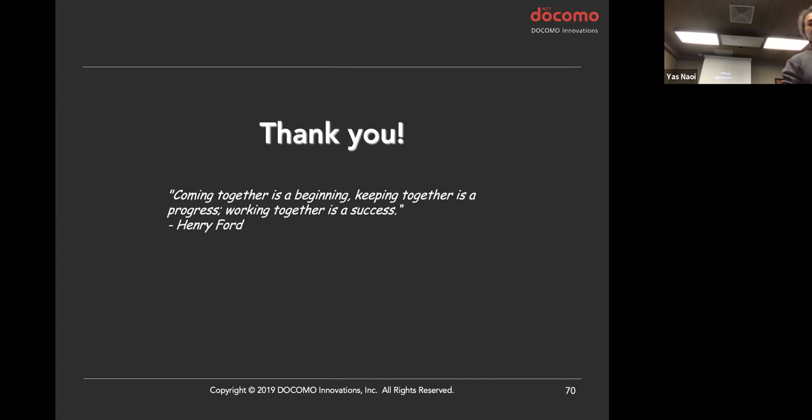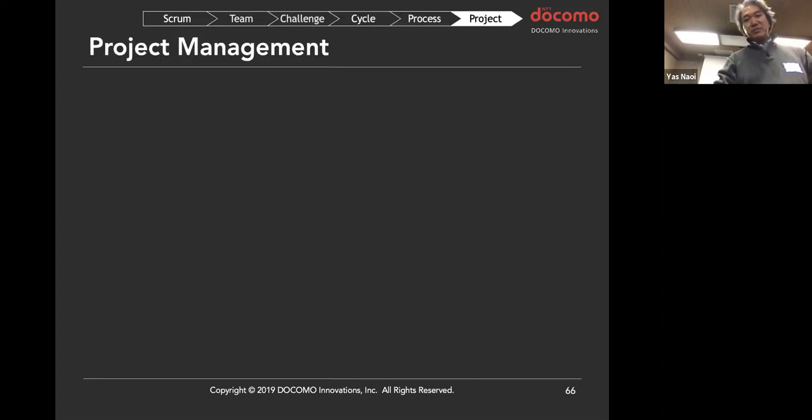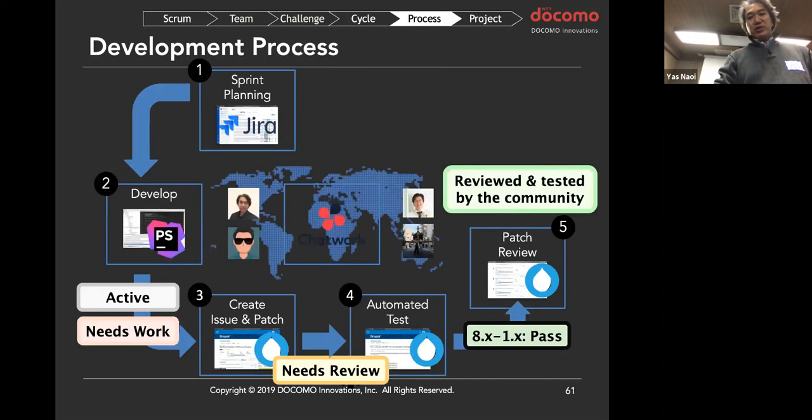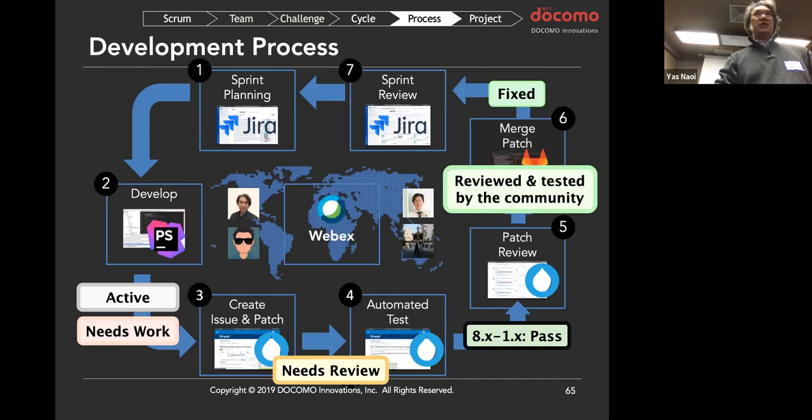Well, I'm handling another project, like cost analysis of the AWS. This is not related to Drupal actually, because as I said in this presentation initially, DoCoMo is spending lots of money on AWS.